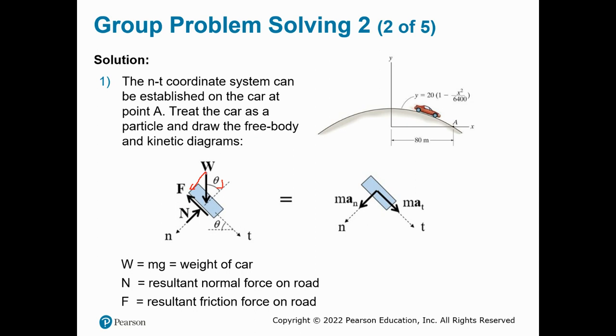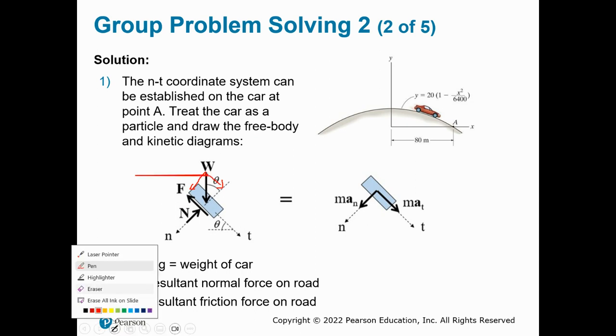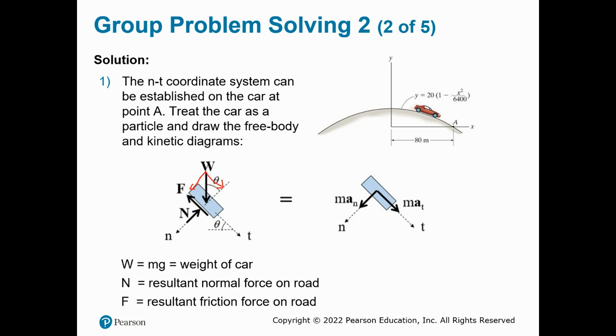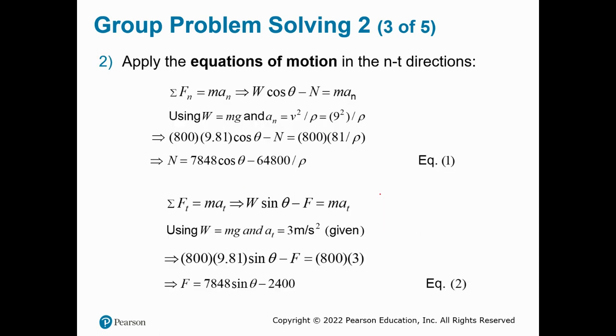So when we write our equations, in the normal direction you have W cosine theta minus N equals m a_n. Plug in a_n equals v squared over rho, where rho is the radius of curvature. We have a relationship between the normal force, cosine theta and rho.